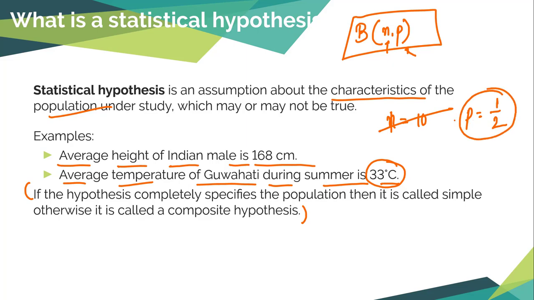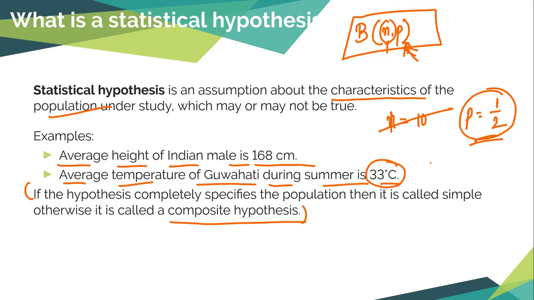When we make an assumption like this, we are making an assumption about only one parameter, only about p. We are not making any statement about the other parameter n. So this is not complete. We are not specifying the population completely, only partially. That kind of hypothesis is called a composite hypothesis.